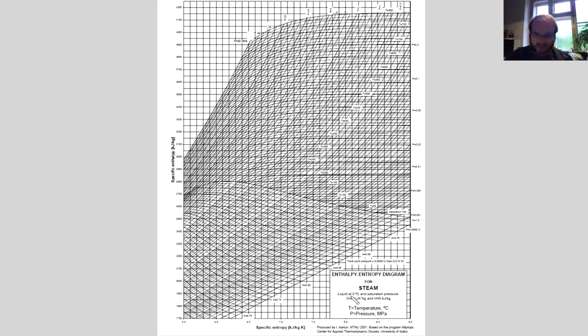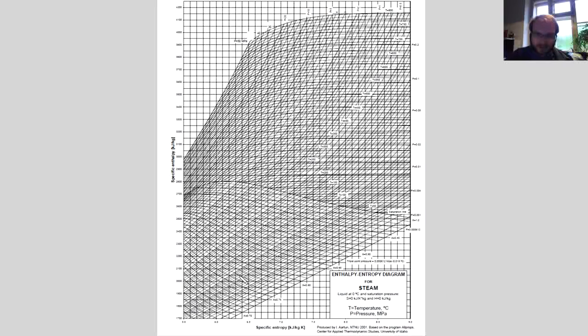You can see in the description where the reference state was chosen, which is at 0 degrees C and the respective saturation pressure, and that at this point the entropy is chosen as 0 kilojoules per kilogram Kelvin and the enthalpy also as 0 kilojoules per kilogram. Also you can see, for example, the bottom limit of the diagram, which is the triple point of water and the respective pressure and temperature. And now let's see the curves in the diagram.